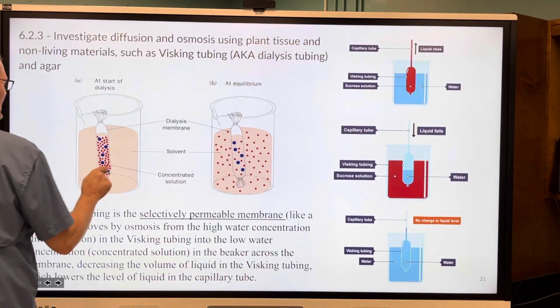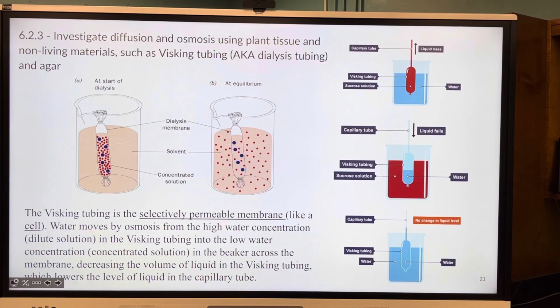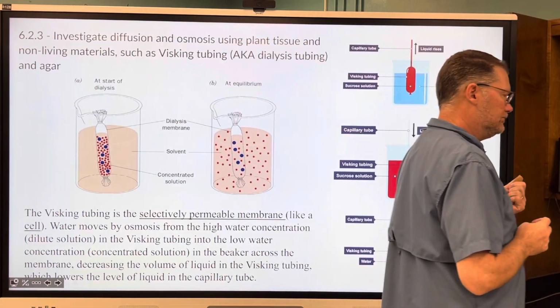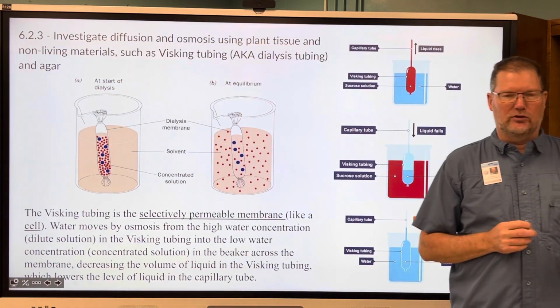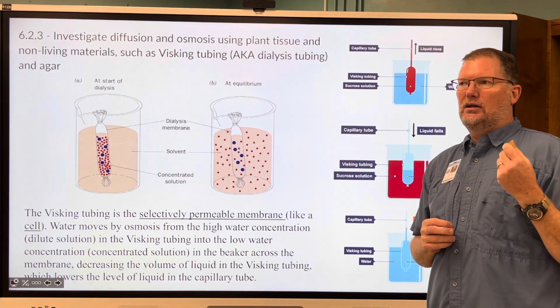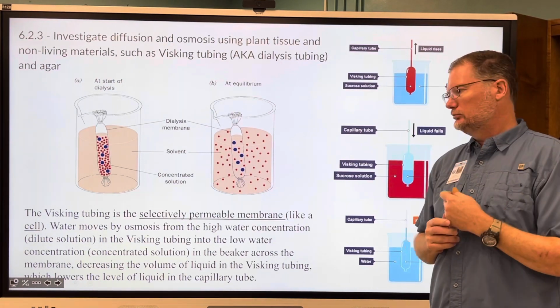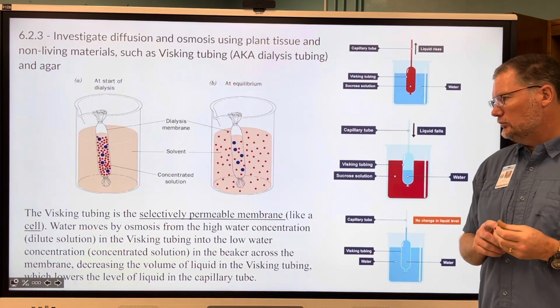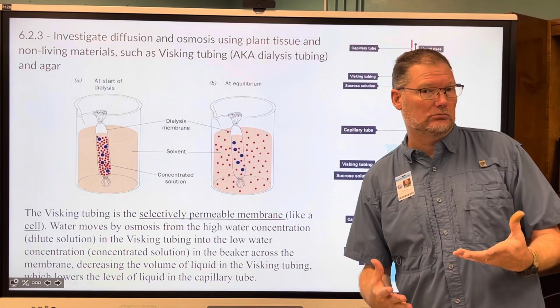So, this is Visking tubing. It's also called dialysis tubing because it is made out of cellulose material that is semi-permeable, a selectively permeable membrane, like a cell's membrane.